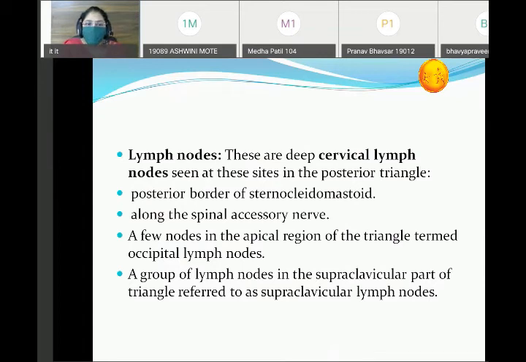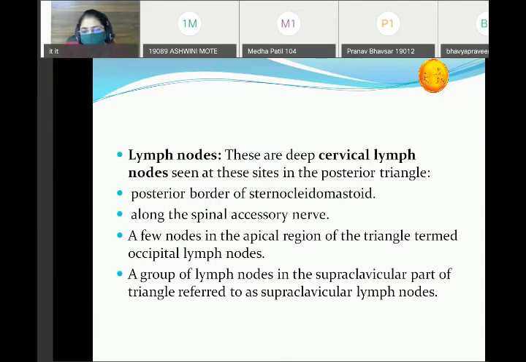The lymph nodes. There are deep cervical group of lymph nodes present in the posterior triangle, along the posterior border of the sternocleidomastoid and along the spinal accessory nerve.